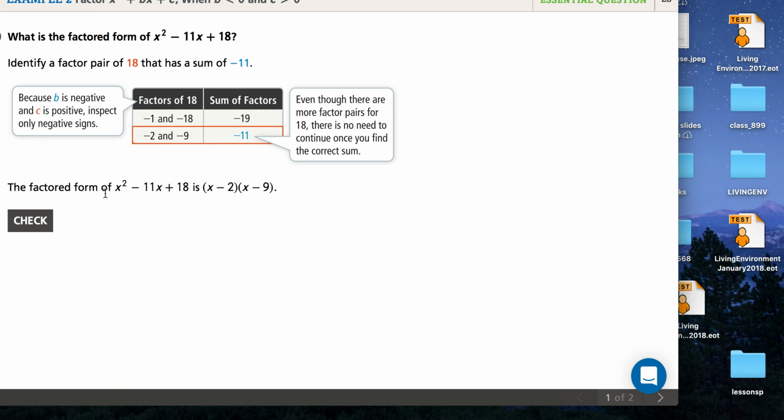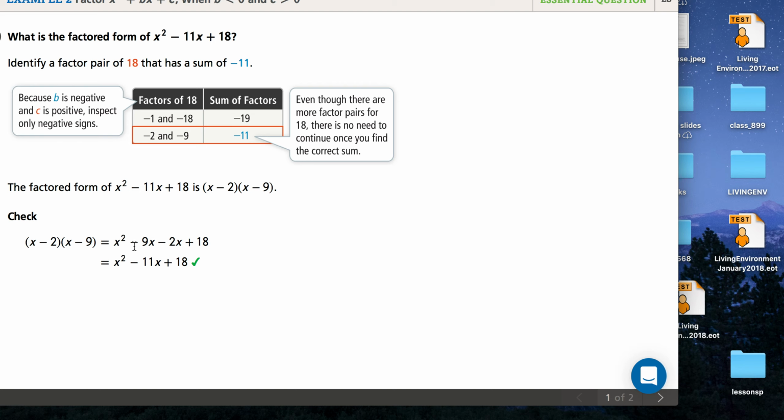The factored form for x squared minus 11x plus 18 is x minus 2 times x minus 9, only these two terms. Now we distribute each binomial. x times x is x squared, x times negative 9 is minus 9x, negative 2 times x is negative 2x, and negative 2 times negative 9 gives us positive 18.